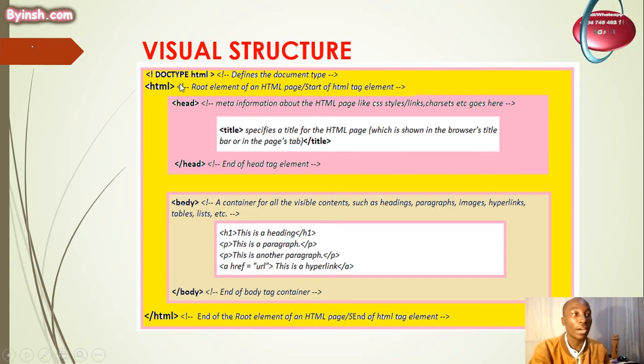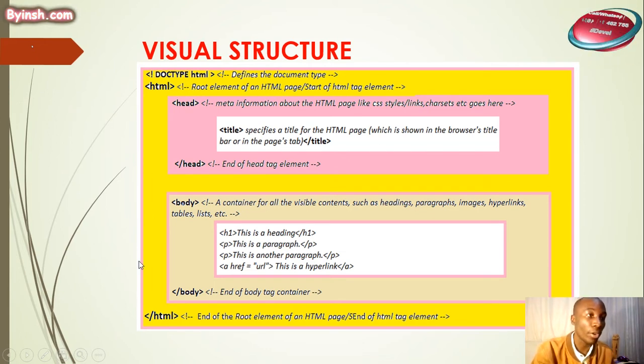This tag normally signifies the root element of an HTML page, meaning the page starts from here and ends down there. The html element has main or basic tags we call head and body.